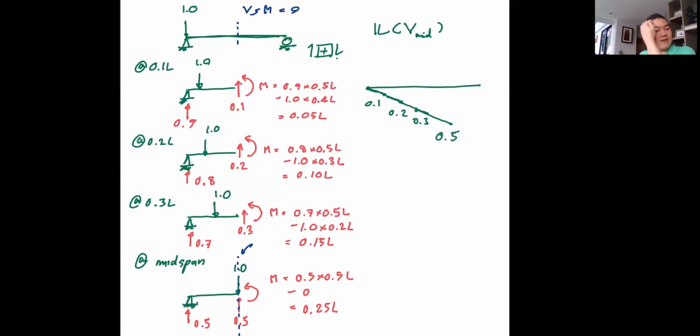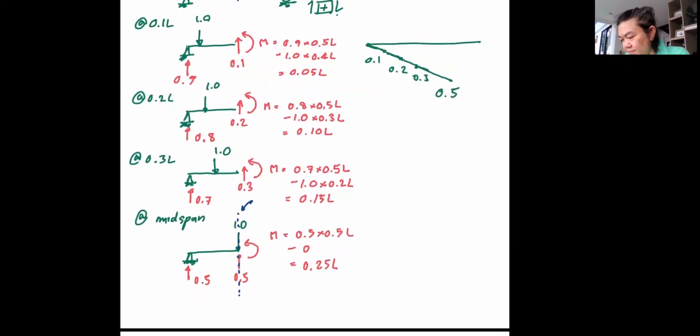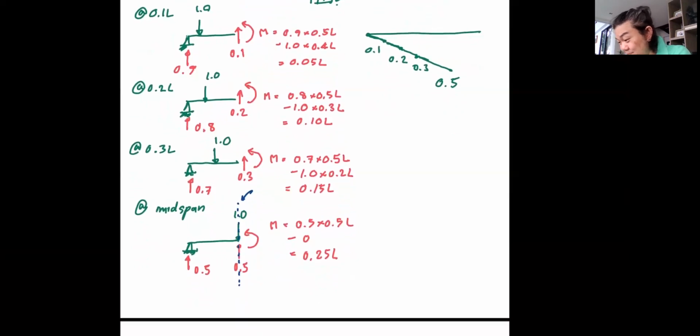So that's at midspan. But again, at midspan, this unit load moves slightly to the right of the line at midspan. If the load just moves only 1 nanometer to the right, what you are left with, this free body diagram, is this one, right?